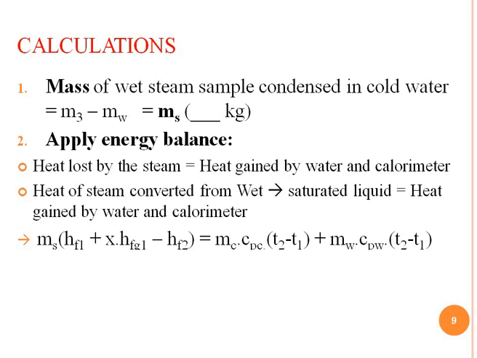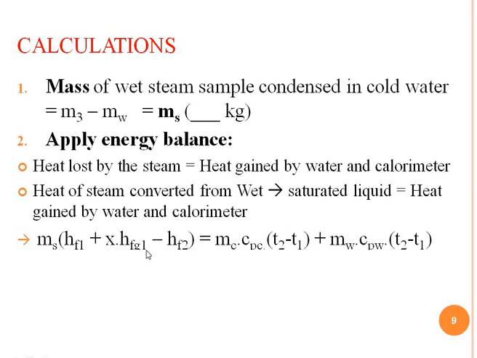We know that for wet steam, the energy is given by MS, mass of steam, into HF1 plus x times HFG1, and finally it becomes saturated liquid, so the final energy will be HF2. So there is a difference between these two energies.